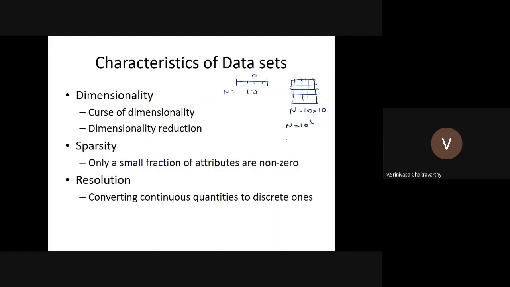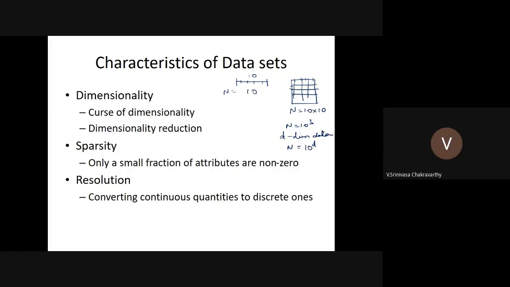So in general, for d-dimensional data, if I have to sample at a certain sampling rate, here 10 per unit interval, then the number of points I need to uniformly fill the space will be 10 power d.